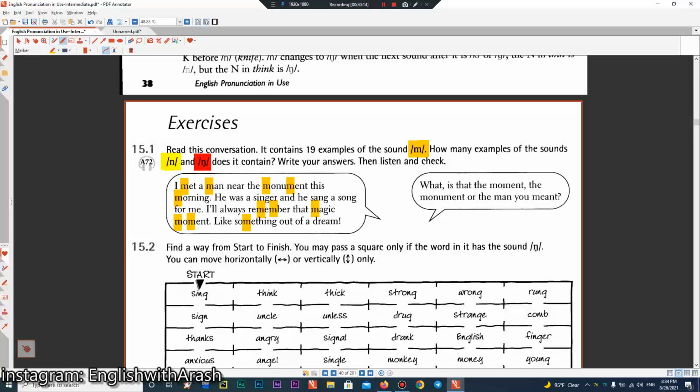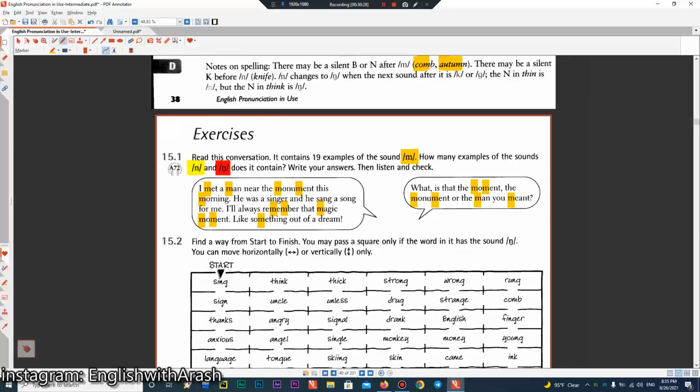What is that? The moment. The monument or the monument? So how many would that be?